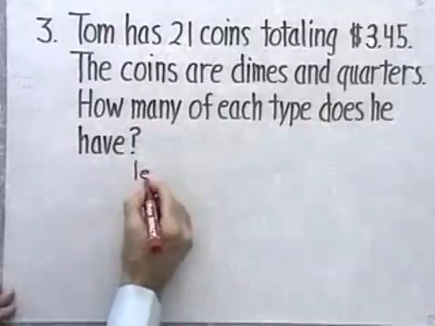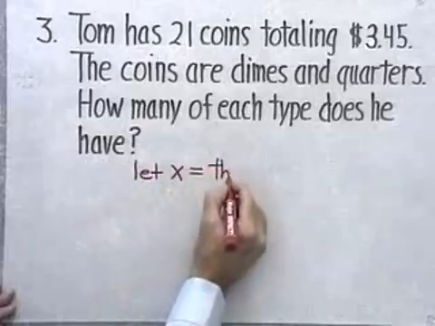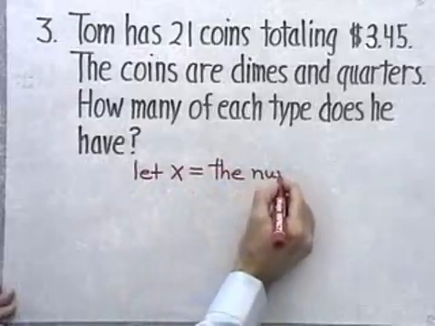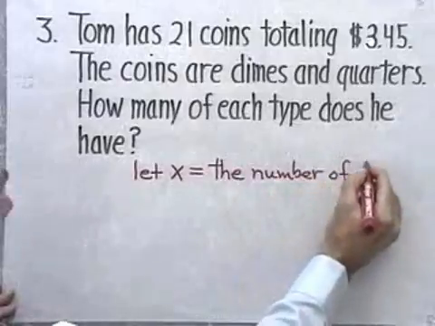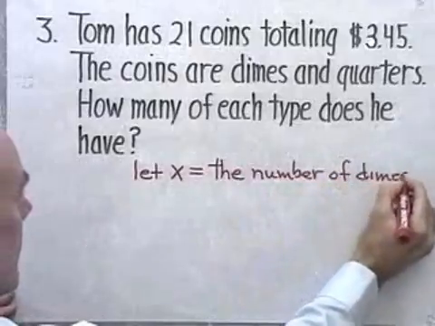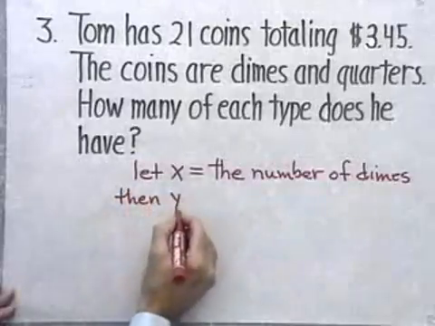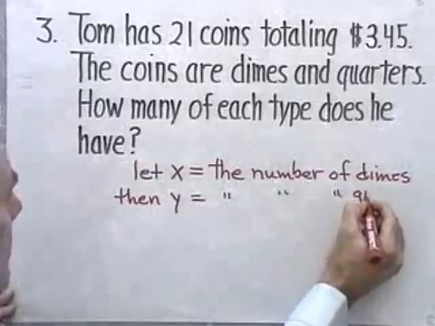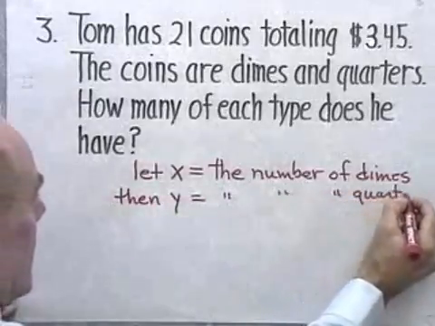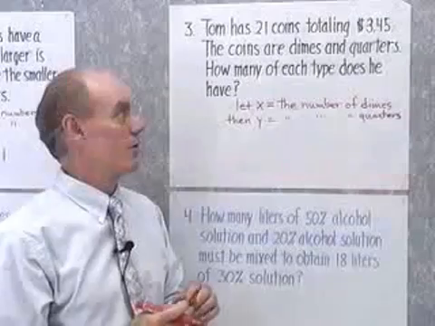So I'm going to say, let's let X equal the number of dimes. Then I'll let Y be equal to the number of quarters.